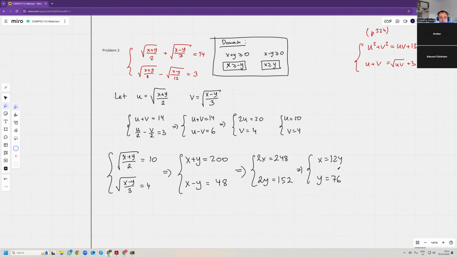Is 124 greater than 76? Yes. And 124 is greater than negative 76. So that's perfectly fine. So both answers are acceptable. Sorry, not both answers, the single answer is acceptable: 124, 76. Nice.